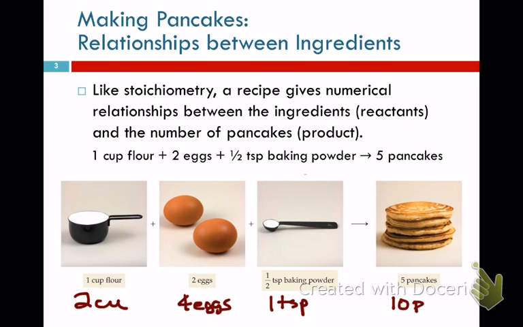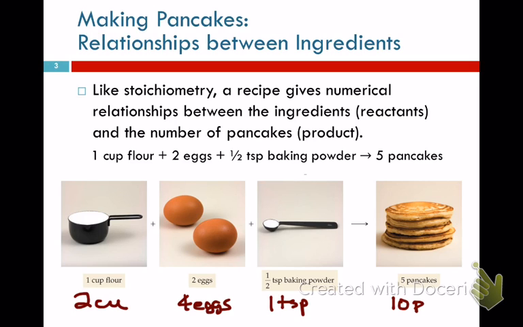Let me write this down. Let me show you how this gets used. Okay? So I have 2 cups of flour plus 4 eggs plus 1 teaspoon of soda.